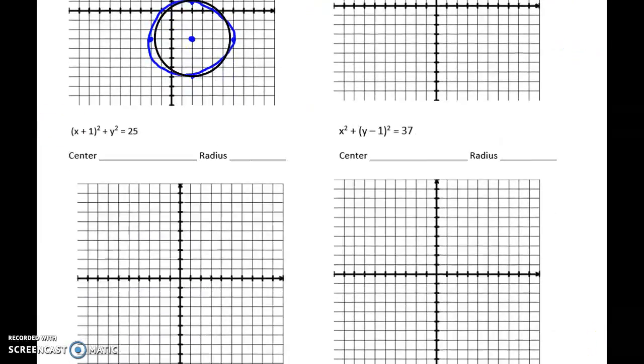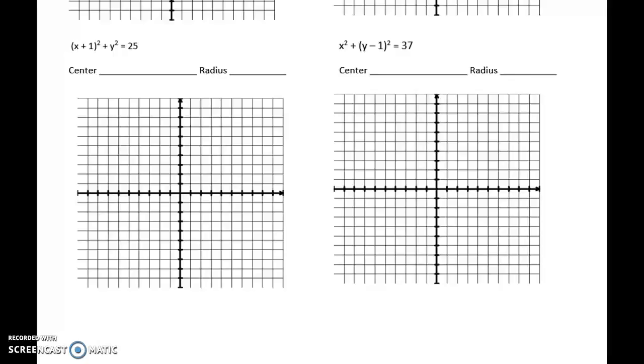And then let's take a look down here. So here I've got x plus 1, and then there's y plus nothing. So that means my center is at -1 for the x, but when I don't have a plus anything, then my y value is just at 0, because I don't have to include plus 0, minus 0, and so forth. And my radius here is 5.